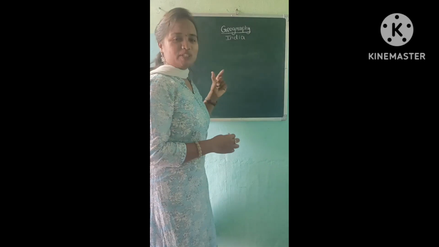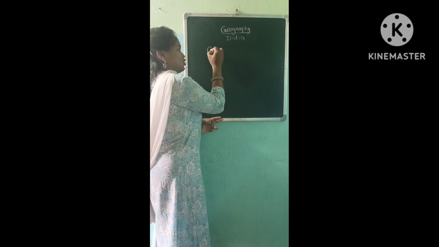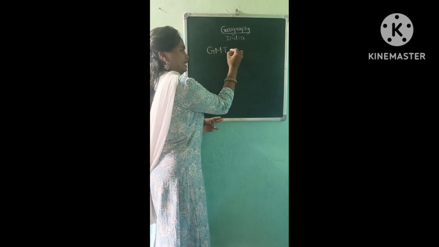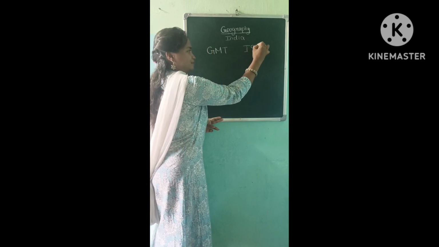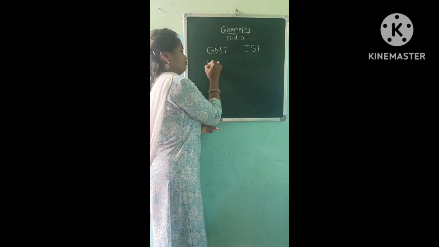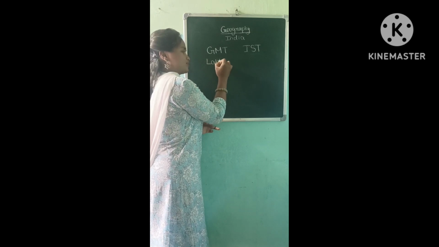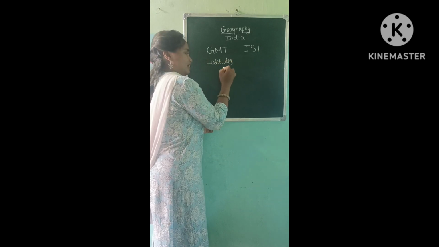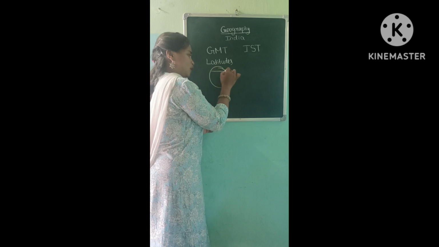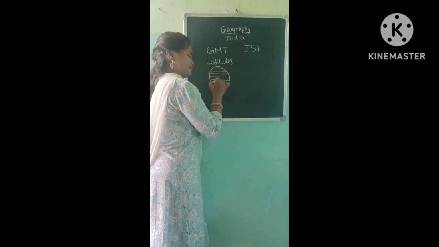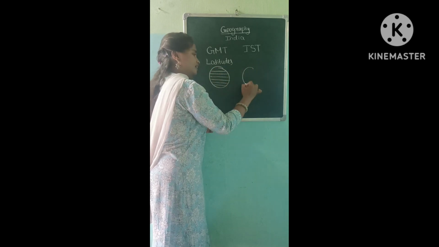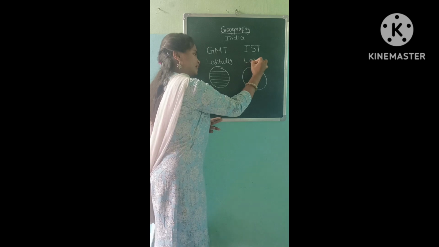Now, let me tell you the difference between GMT and IST. We have latitudes and longitudes to know it. Latitudes are horizontal lines. Longitudes are vertical lines.